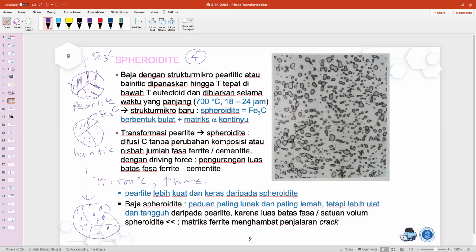All the nodules, all the spheres, are the cementite, and the matrix is still the alpha.